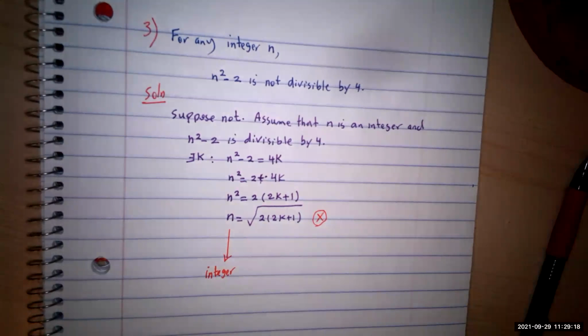Basically you need the inside to be a perfect square, like 9, 16, 25. If the inside is a perfect square, then we can take the square root and that would be an integer. So you have to give us a strong reason why 2 times 2k plus 1, k an integer, is not going to be a perfect square.